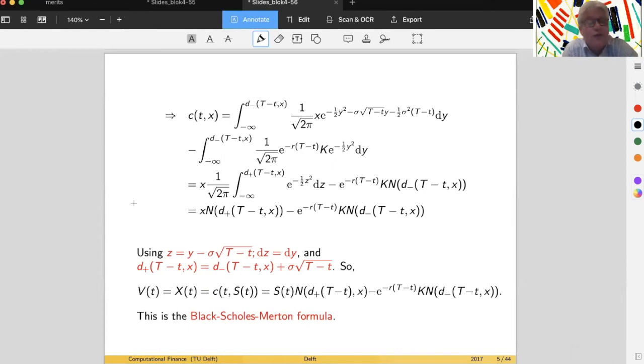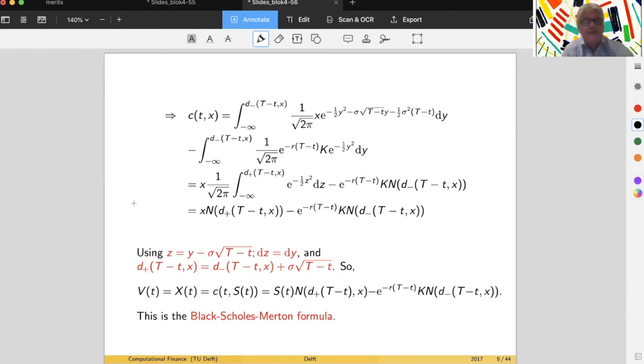It is equal to the value of the portfolio process at any time t, and we write it as the call value with arguments t and S_t. It is equal to S_t times the normal distribution with argument d plus with inner arguments T minus t and x, minus e to the power minus r(T minus t) times K times the normal distribution with argument d minus with inner arguments T minus t and x.